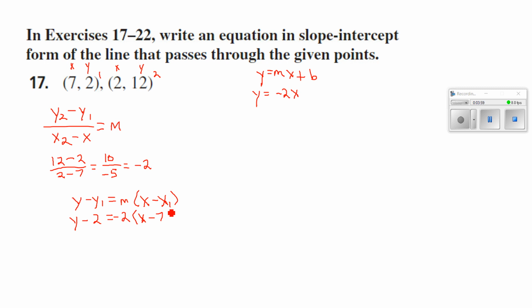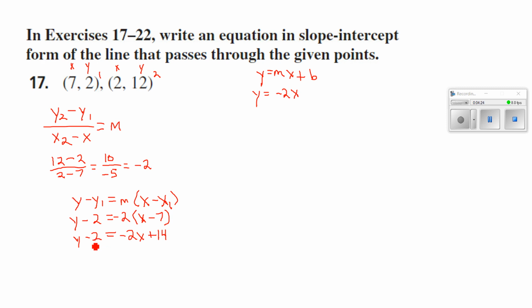Now, it doesn't matter which of these set of coordinates we put in here, we're going to get the same answer for b. All right? You'll see that in a second here. First, I'm going to take y minus 2. That's going to be equal to negative 2 times x, which is negative 2x, and negative 2 times negative 7, which is a positive 14.